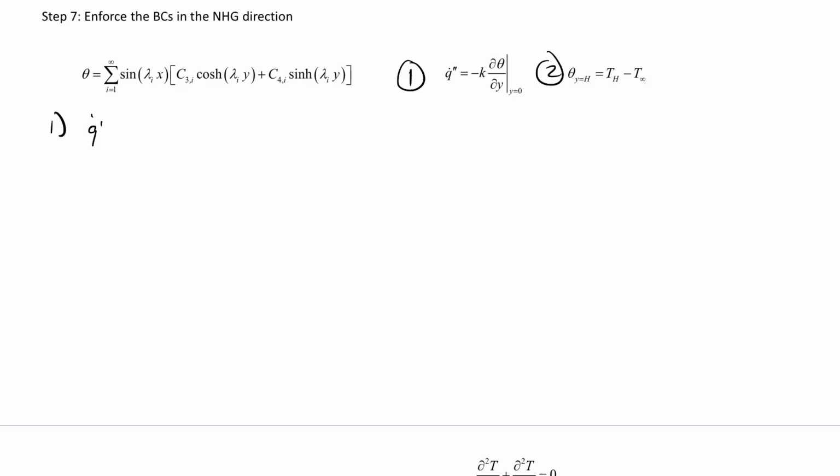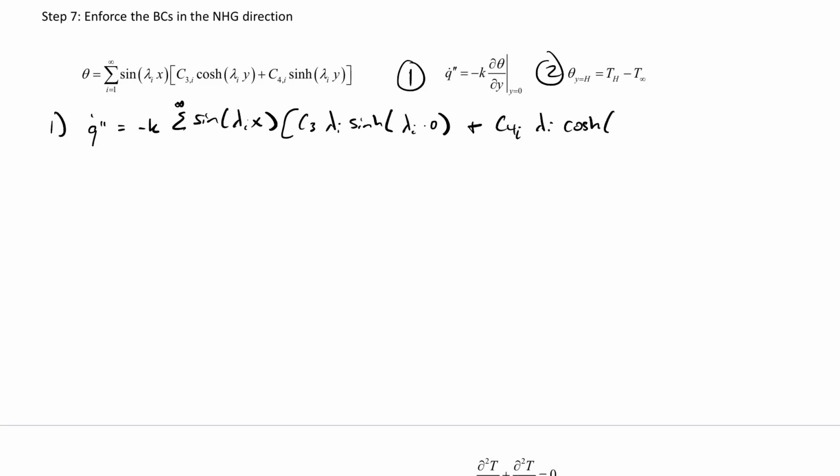So this becomes q dot double prime is equal to minus k times the sum from I equals 1 to infinity of sine lambda I x times C3. Let's see, what do we have here? Lambda I times sinh of lambda I times 0 plus C4 I lambda I cosh of lambda I times 0.